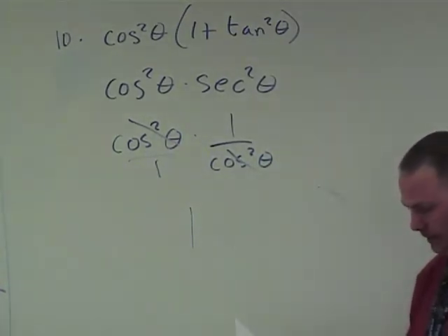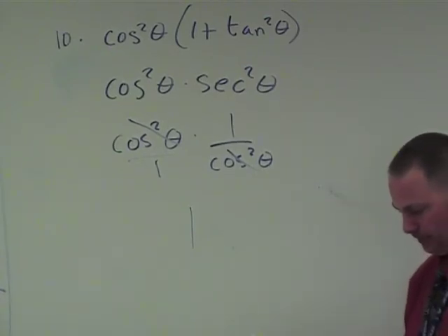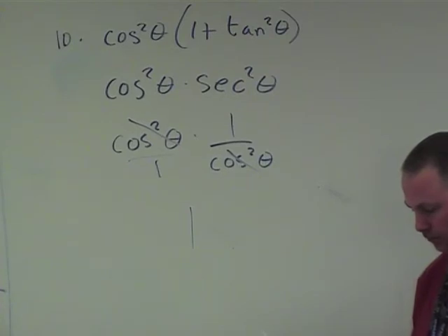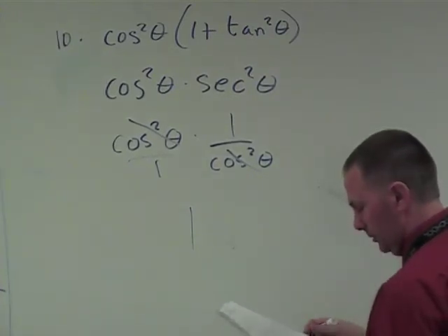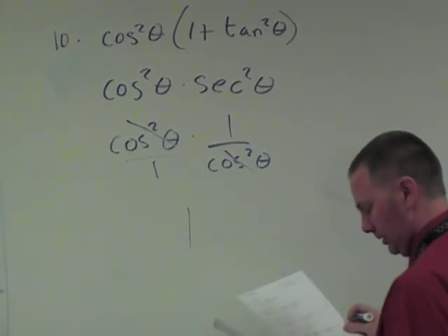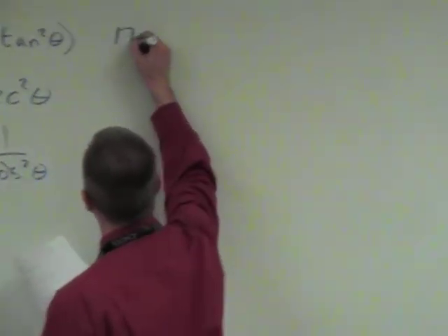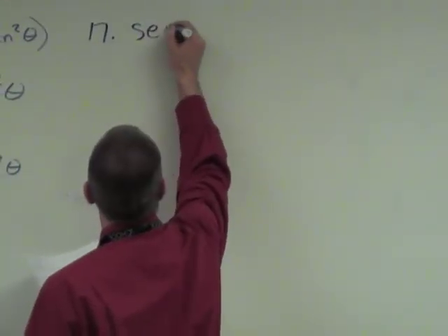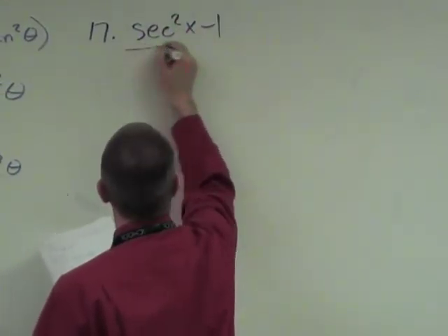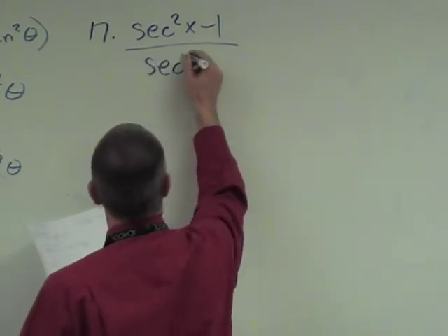Now, let's do another one that's a little bit harder. That doesn't start out like that. Let's do number 17. Secant squared of x minus 1 over secant squared of x.